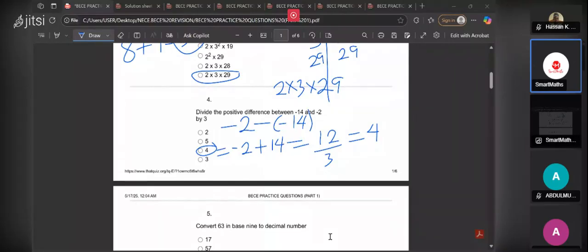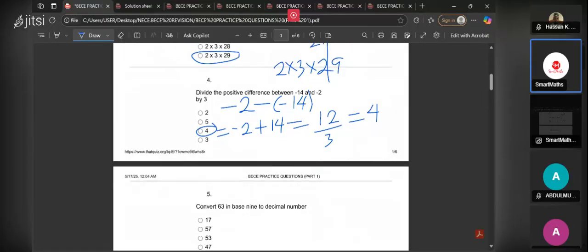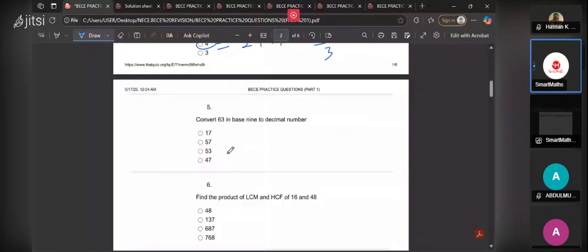So the next question, question 5. Convert 63 in base 9 to decimal. So 63 is in base 9, and we want to convert it to decimal. Decimal is base 10, that's another way of writing it.